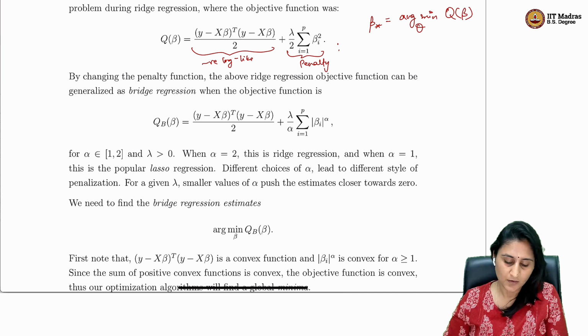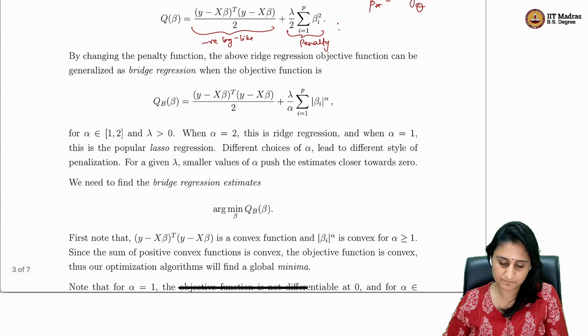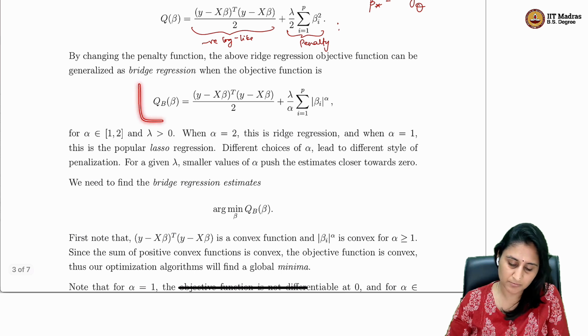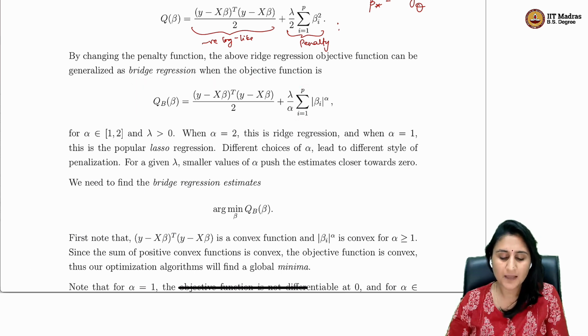Okay. What we need to do is find the bridge regression estimates, which is again the argmin of Q_B(beta). Okay, so this is our problem that is of interest to us. This is our objective function. Again, I'd like to mention here that in this course, we are not really looking at the regression problem.